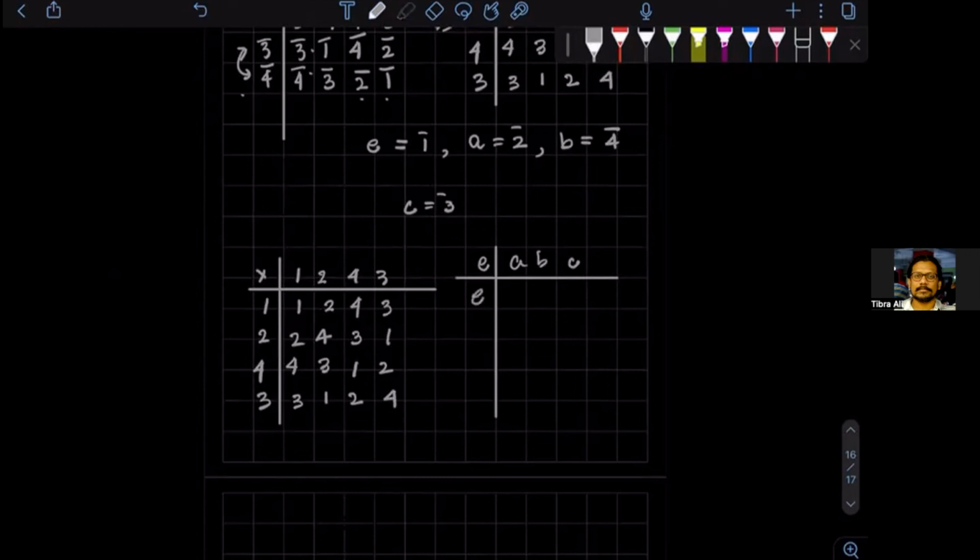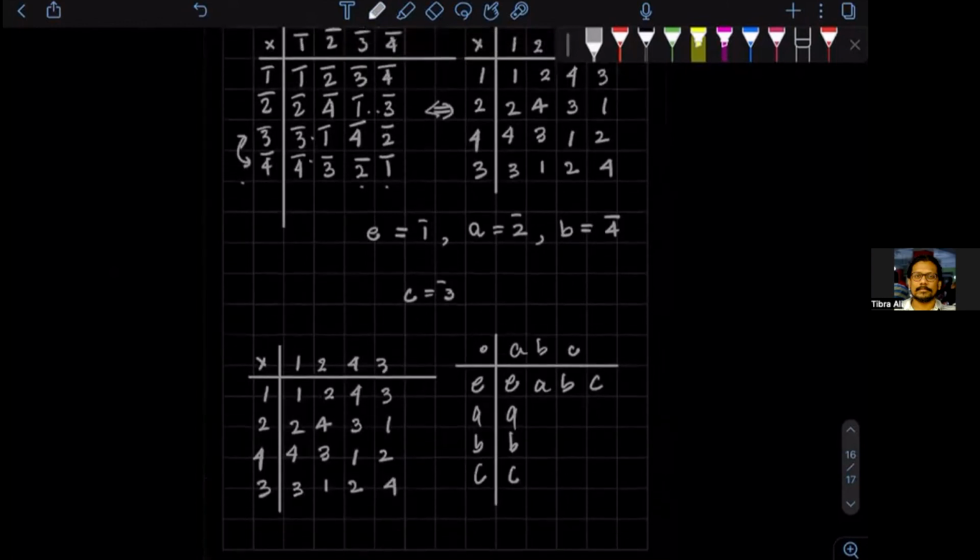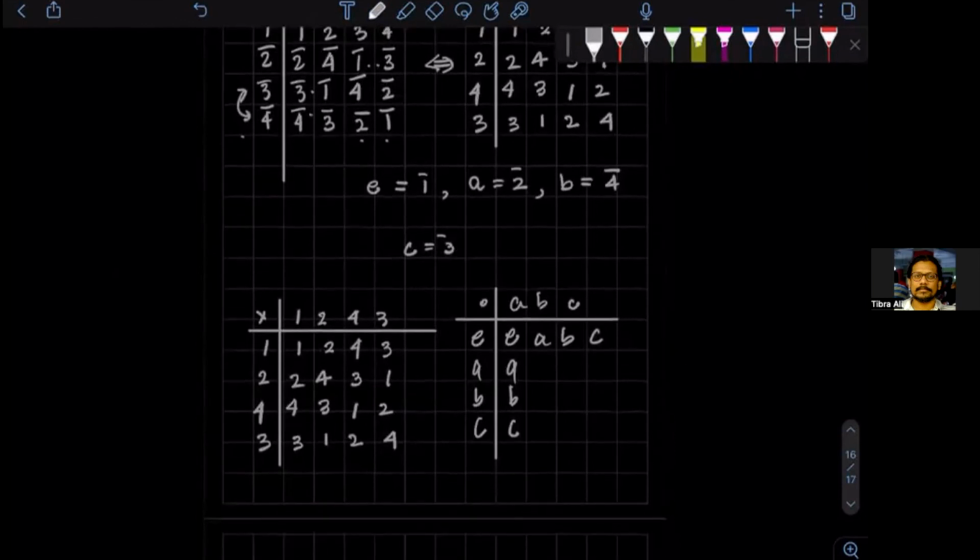So this should be A, B, C, then we have E, A, B, C, A, B, C, and see that here we have 4, 4 is B, and here we have 3, 3 is C, and here we have 1, 1 is E, right?